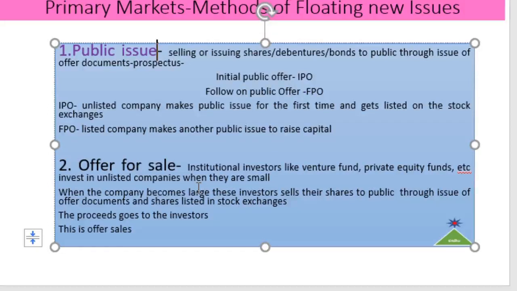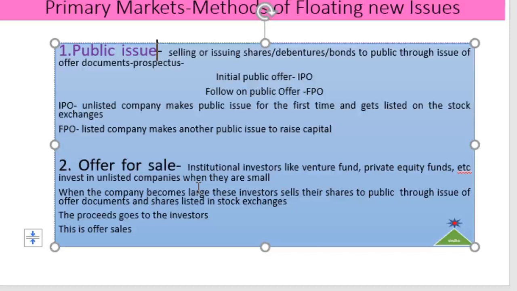When the company becomes large, these investors sell their shares to the public by listing in the stock exchanges, and they earn money from this. This process is known as offer for sale. Here, the income goes to the investors, not to the company.